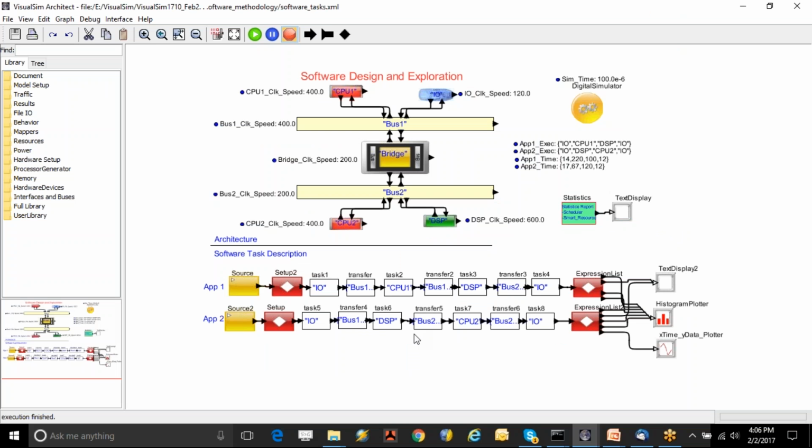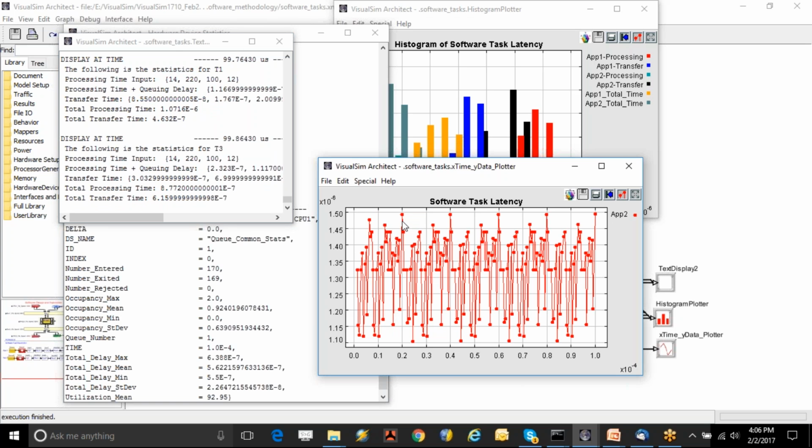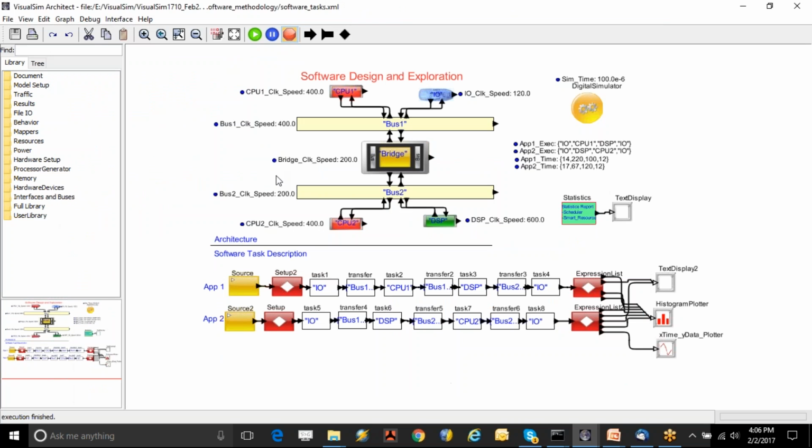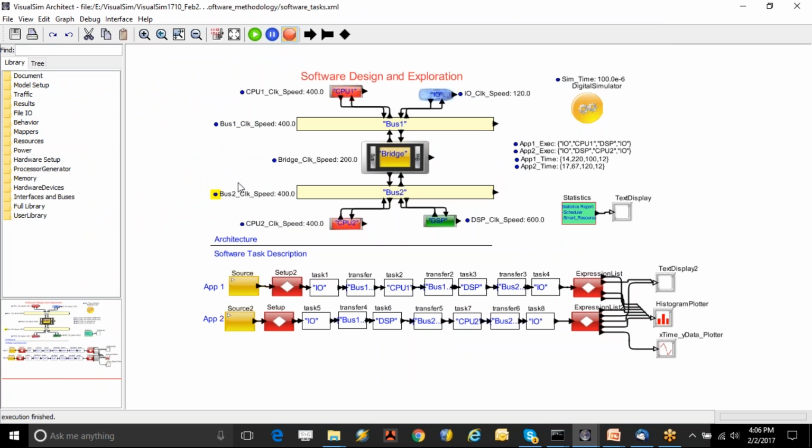For example, in the previous example that I showed you, I was running my bus 2 at 200 megahertz, and my maximum latency here was just below 1.5 microseconds. So if I increase the clock speed of bus 2, what would be the kind of latency that I could expect? So if I look at this particular model, earlier I was getting around 1.5 microseconds.